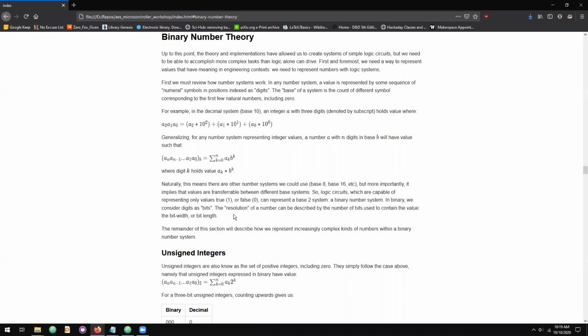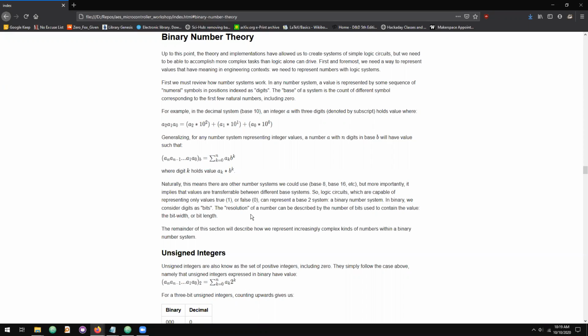And the resolution of the number, whereas with decimal it's determined by the uppermost position in the set of digits, but also the sum of everything below. But in binary, you can also represent the resolution of a number by the number of bits that describes that value.